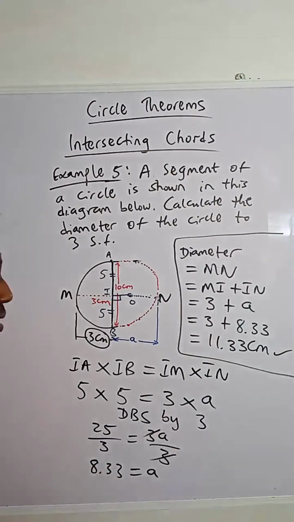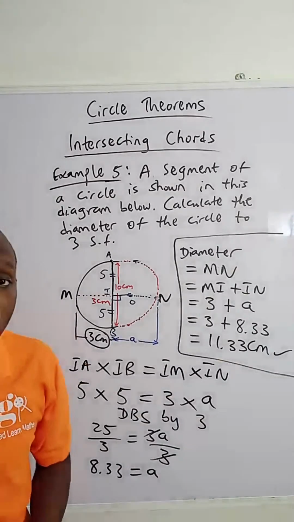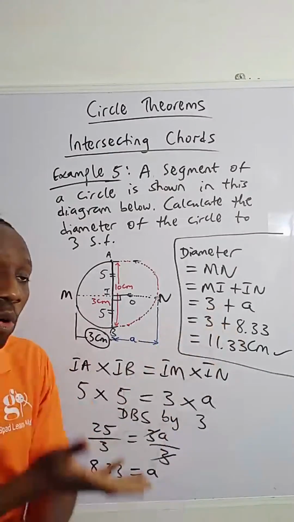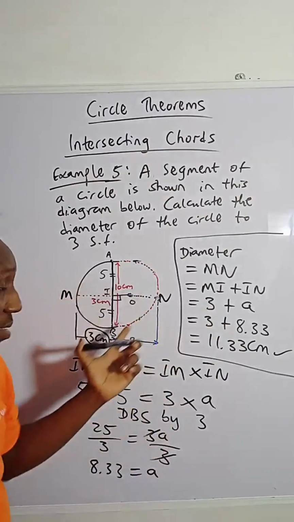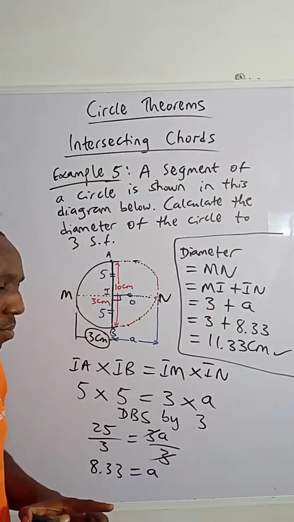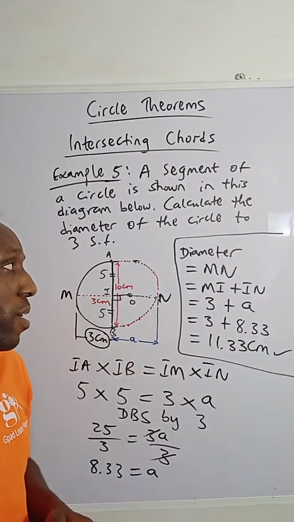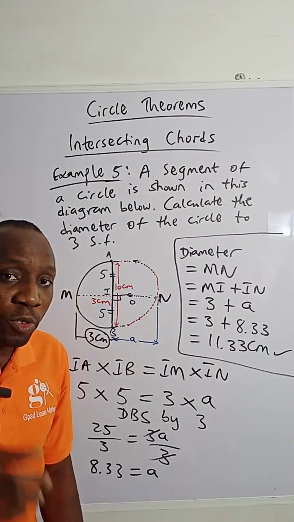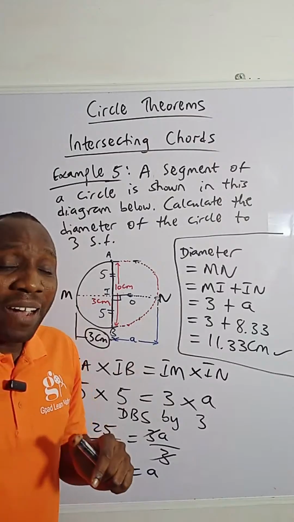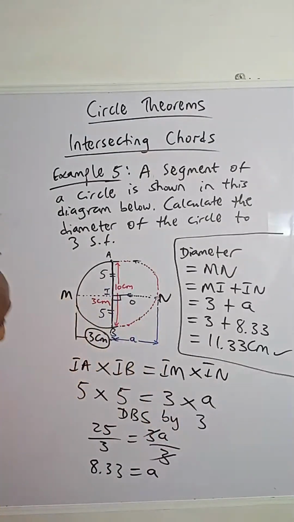So we have been able to get our MN, which is the diameter, and you see how useful it is to understand it when you have two chords intersecting in a circle. See how we're able to get the diameter using the intersecting chord theorem. Very, very important. We're going to do one more question, and that'll be all for today's lesson. We have one more lesson to end this topic, and after this topic, we'll move on to another topic.